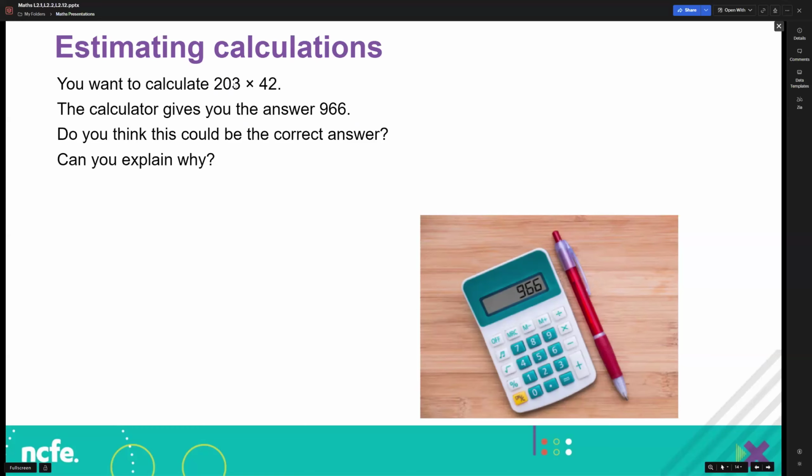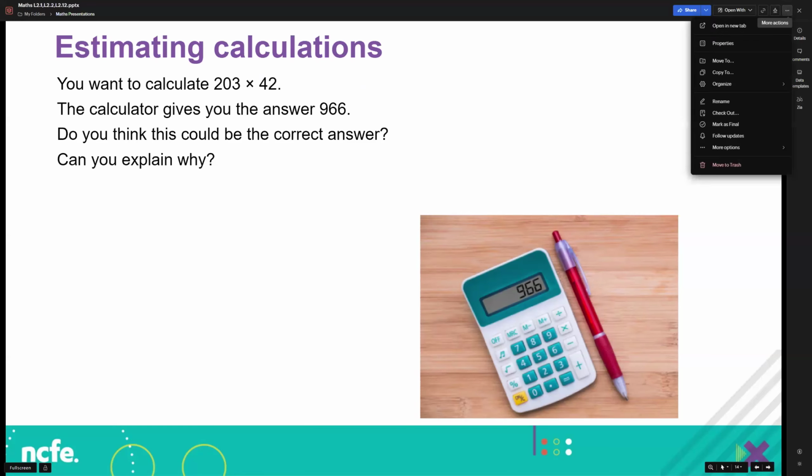Like I said, 203 is just 200 essentially, just three more. So I would do 2 times 42, and that gives me 84. I would then times that 84 by 100, so it'd be 8,400.